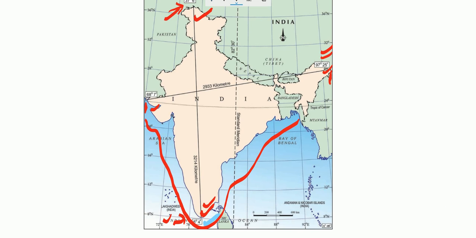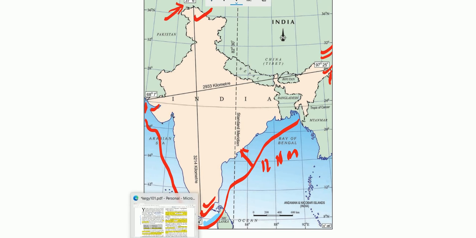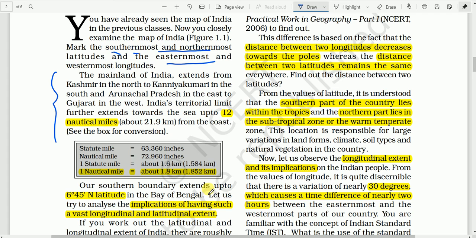So this is 12 nautical miles. 1 nautical mile is equal to 1.8 kilometers. So we can own the resources up to here. India's territorial limit extends towards the sea up to 12 nautical miles.